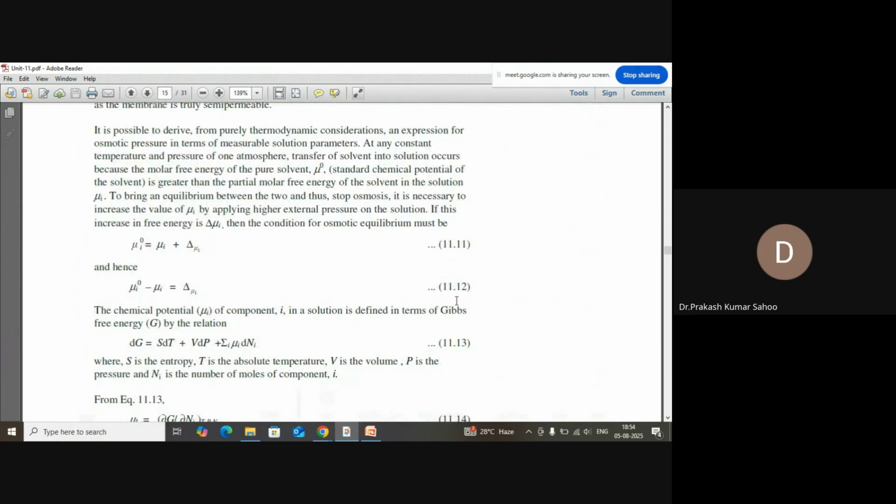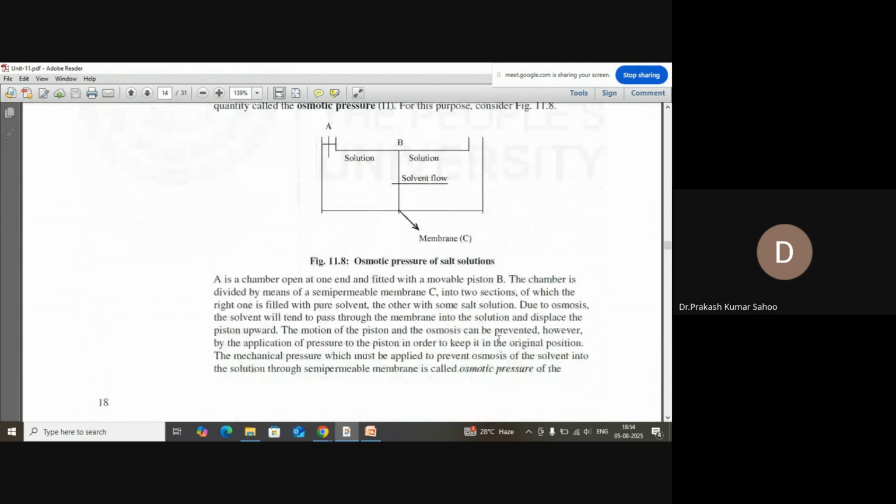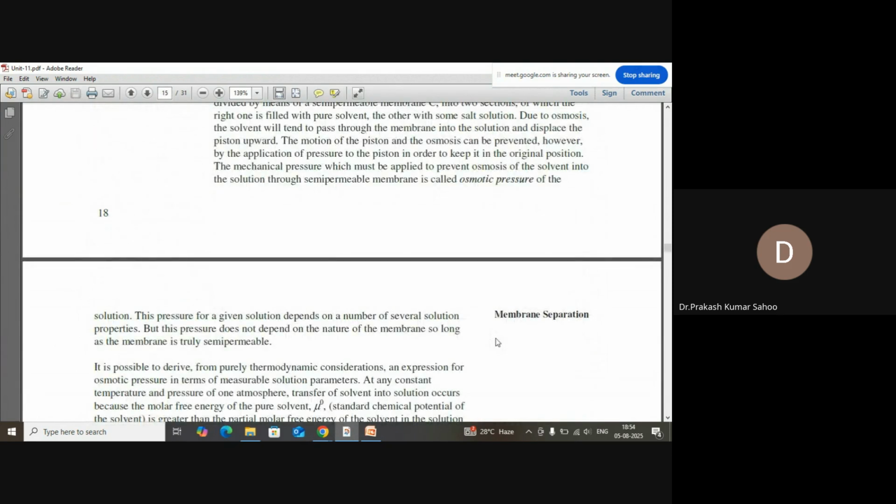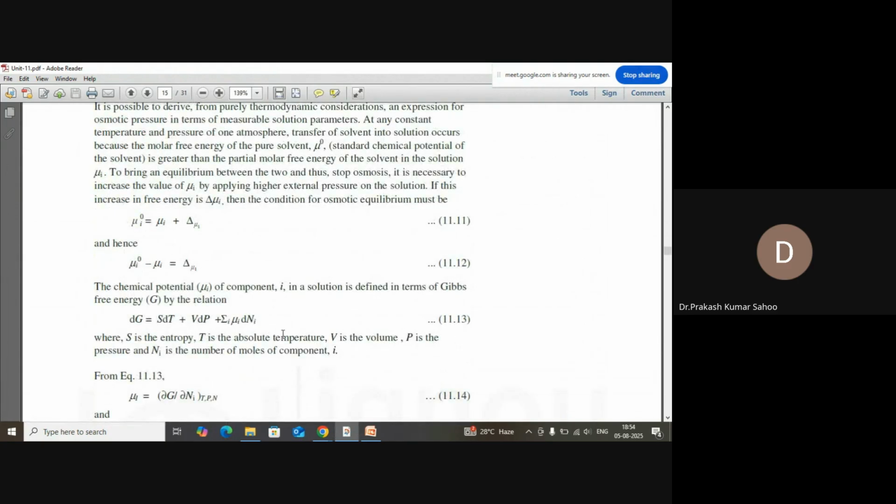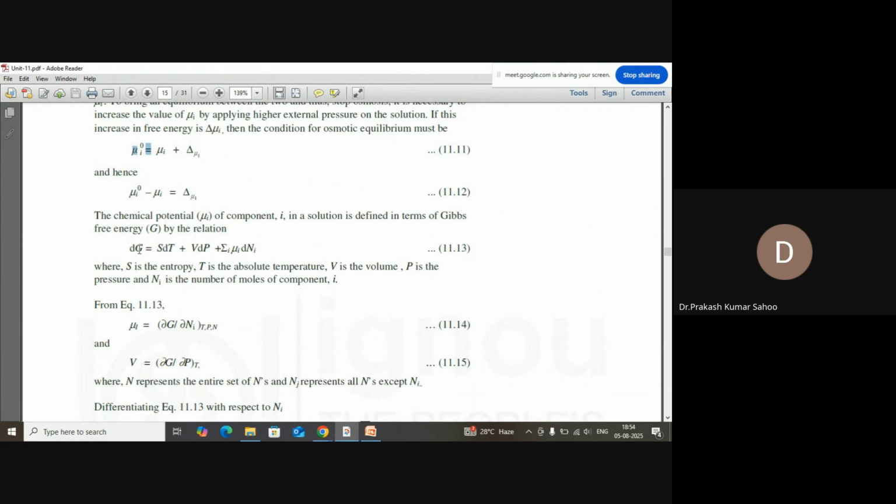Then the osmotic pressure pi is used to stop osmosis, and this is the thermodynamic derivation where the chemical potential as well as the free energy, with entropy and differential temperature, volume with differential pressure, is here.